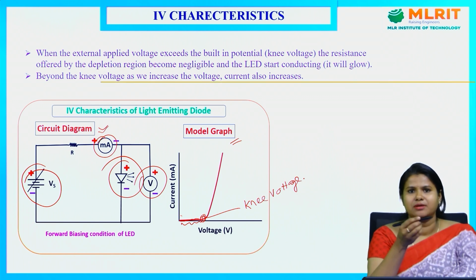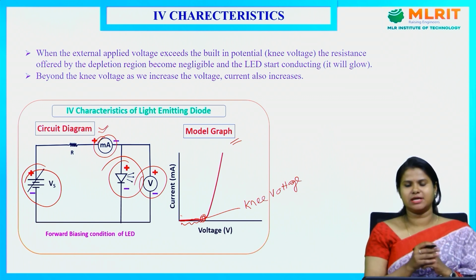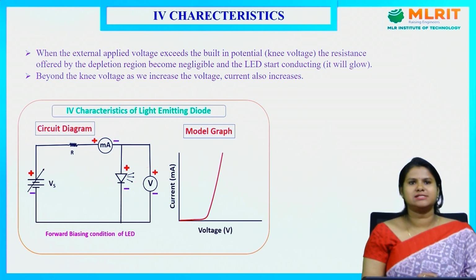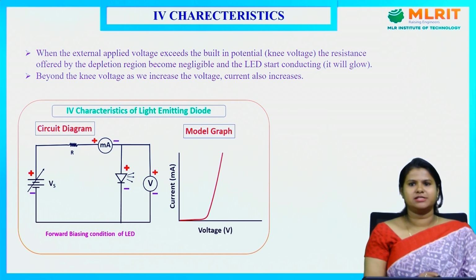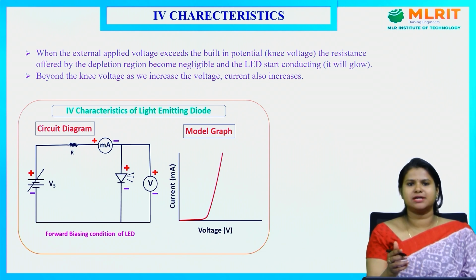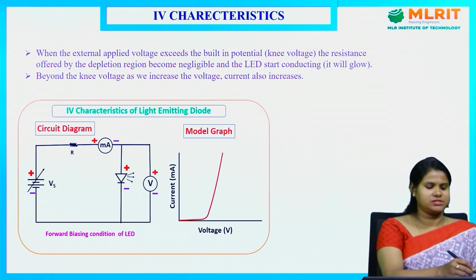So, because what happens, as we have discussed in the case of the PN junction, when the applied voltage is greater than the barrier potential, let us discuss the IV characteristics of the LED. This is nothing but the variation of voltage and current. Here we see how the current will vary with applied voltage. So this is the circuit diagram.